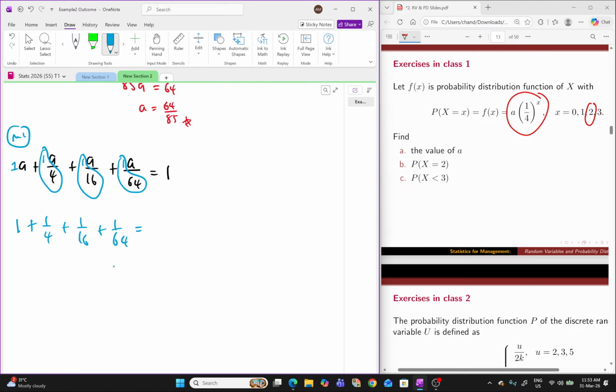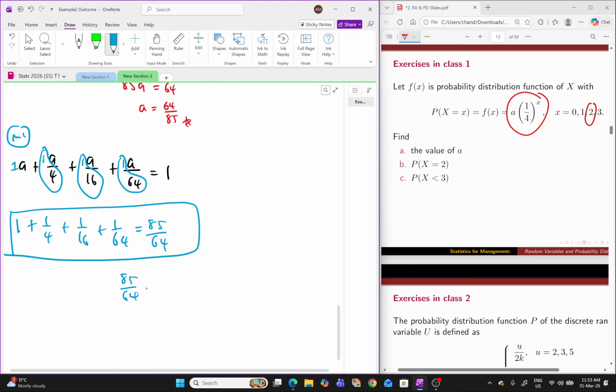You should get 85 over 64. Am I right? This is just computing the coefficient. So you write here 85 over 64 A equal to 1. Don't forget the A.